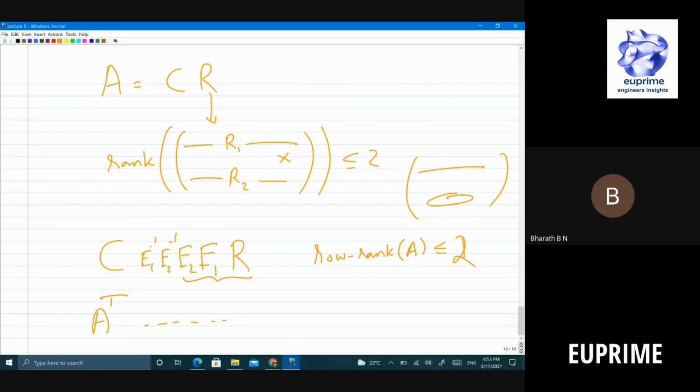You should never forget the fact that row rank equals column rank. You should never forget that rank plus nullity is the dimension. If you have an n cross n matrix, the rank of A plus the nullity of A should be equal to n. N is the dimension, right?